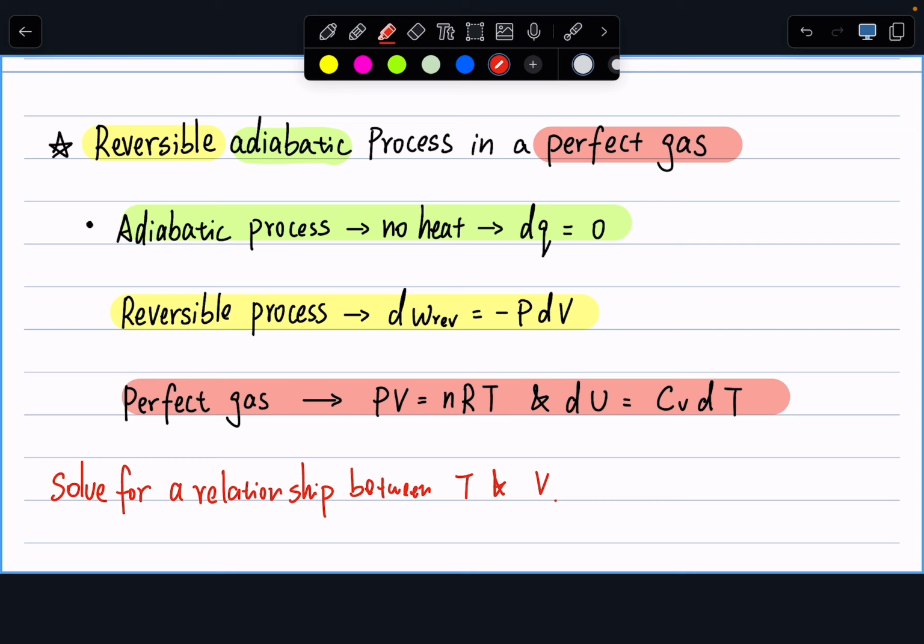Or if we remove the logarithm, we have T2 over T1 to the Cv equals V1 over V2 to the nR. We can further simplify it as T2 over T1 equals V1 over V2 to the nR over Cv.